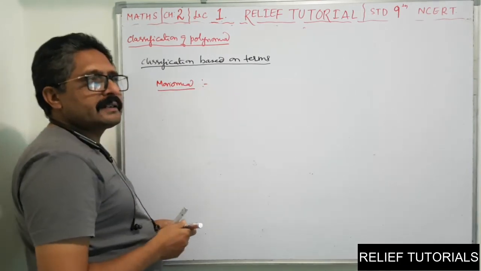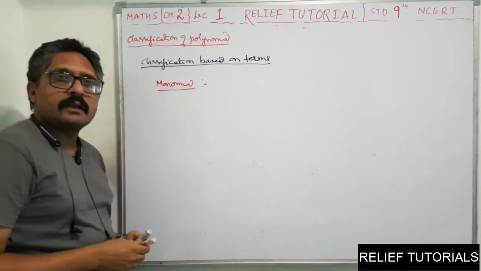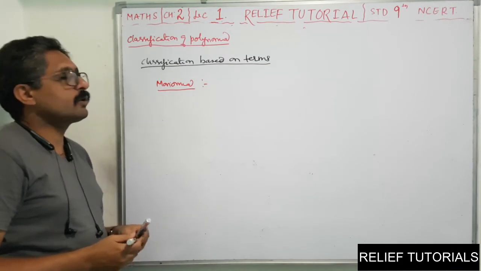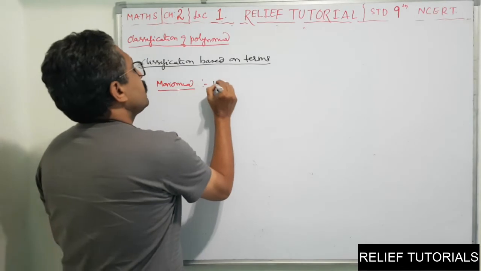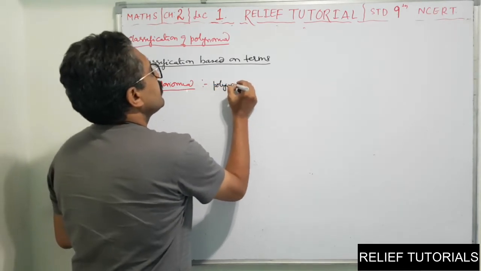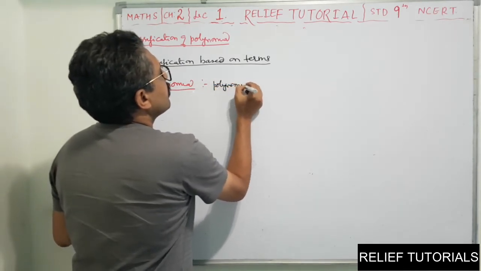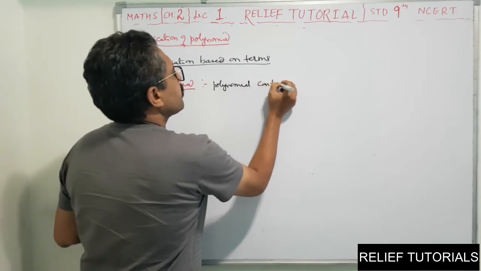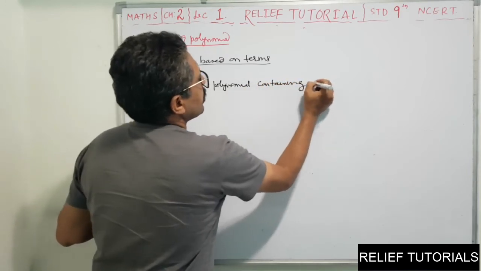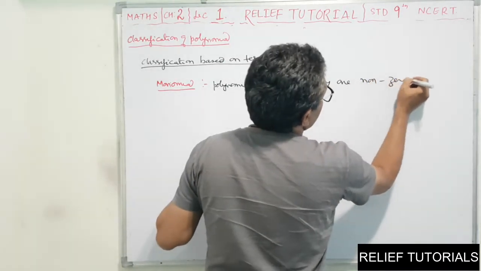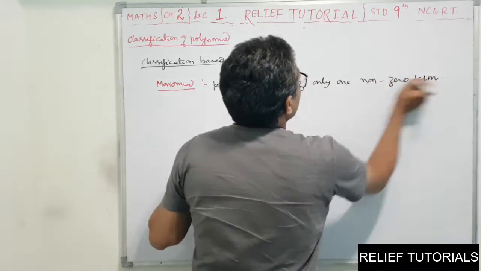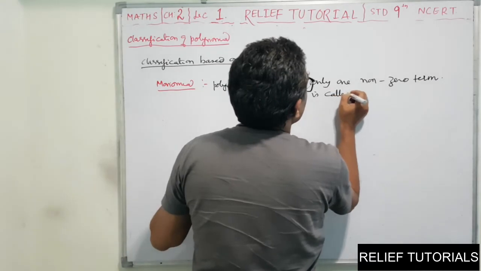A polynomial containing one non-zero term is called monomial.